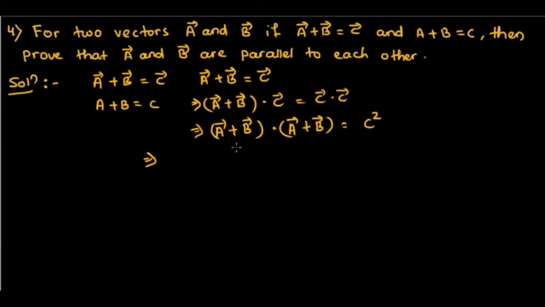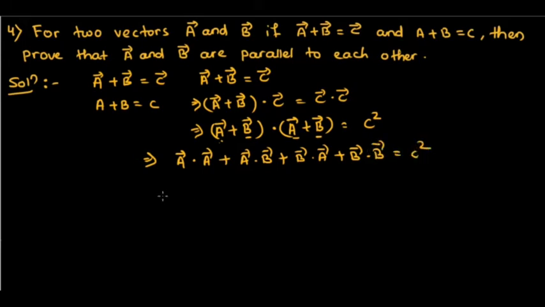Let us apply the distributive property. a dot a plus a dot b, then plus b dot a, then plus b dot b is equal to c square. That implies a dot a is what?